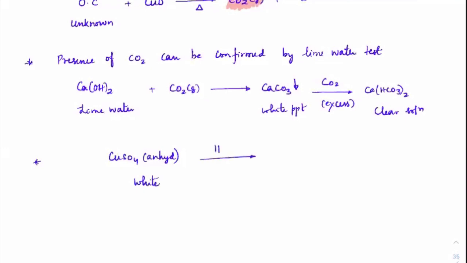When they get exposed to the atmosphere and there is moisture, or if we pass the steam into copper sulfate or add it to water, in all of those cases it will form the complex CuSO4.5H2O, which appears blue in color. So this confirms both the presence of hydrogen and carbon in the organic compound.